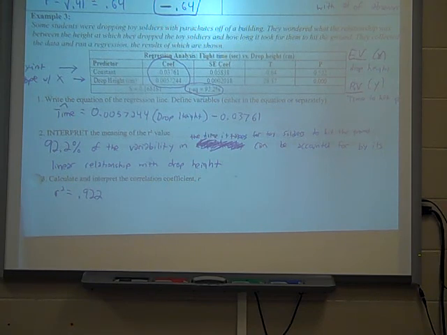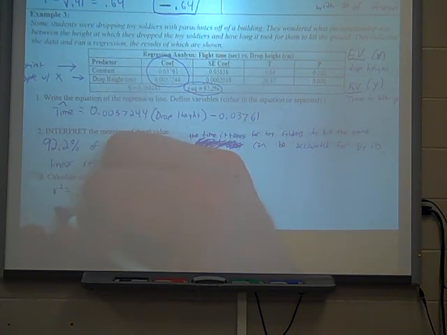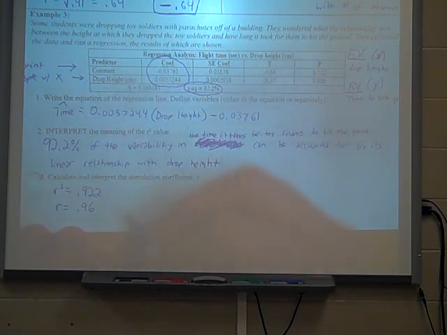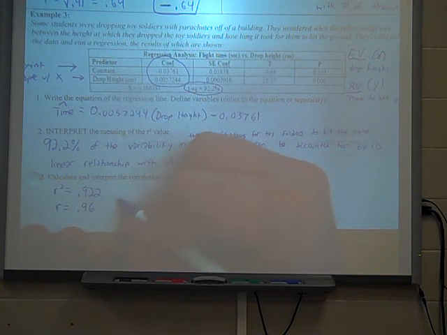And if we do that, you get 0.9602. So I'm just going to round to 0.96. r equals 0.96. Should be positive, right? Slope's positive. So r is positive.